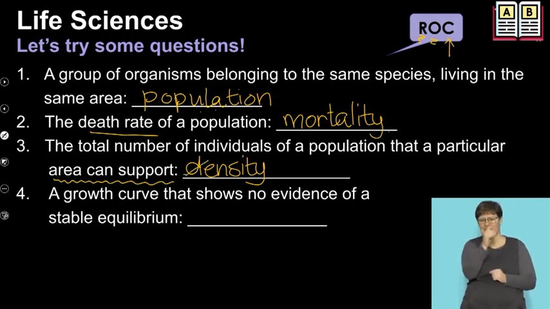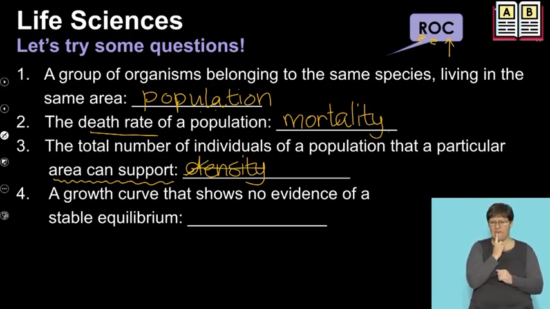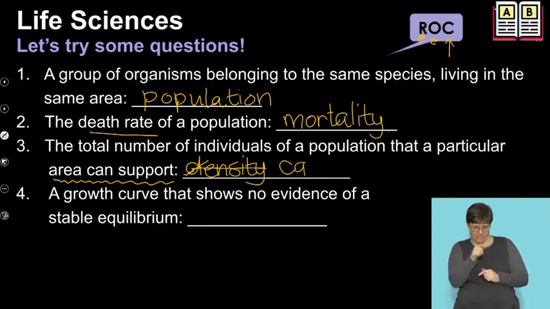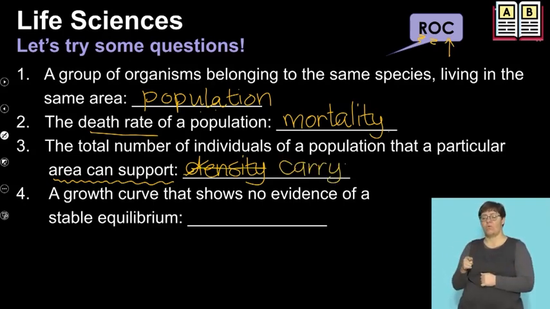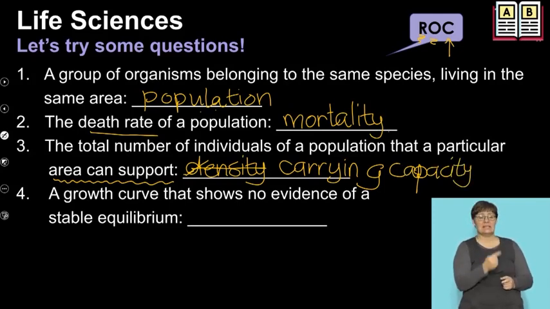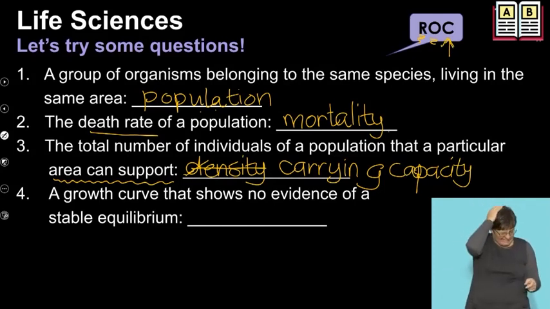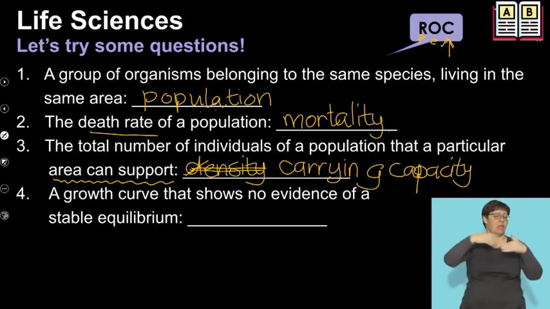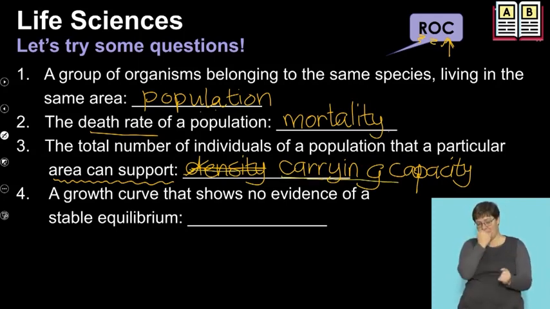I need to bring in the idea of area, neatly cross it out, and now I'm going to write in carrying capacity. So it doesn't matter that I've actually said that something is incorrect. I've checked it, and I wouldn't have got this one right if I hadn't checked it. Please also notice that this term consists of two words.